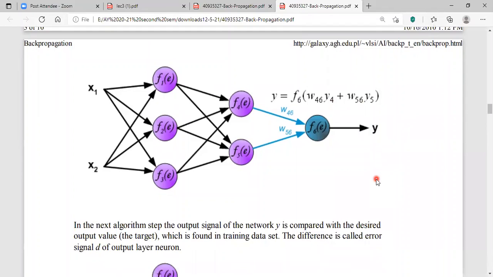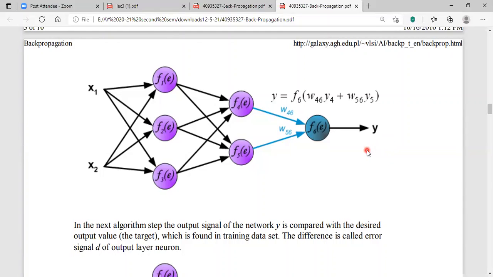So in this algorithm, the next step is to compare the desired output value, that is the target value, obtained with the trained data set. Some Y value you have obtained, so you need to compare this Y value with the target value.